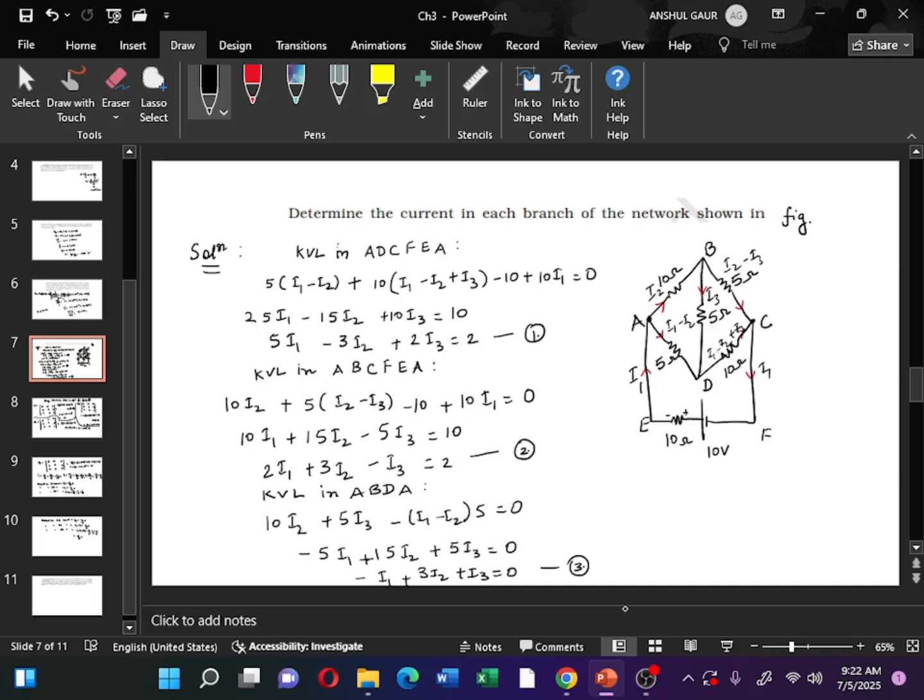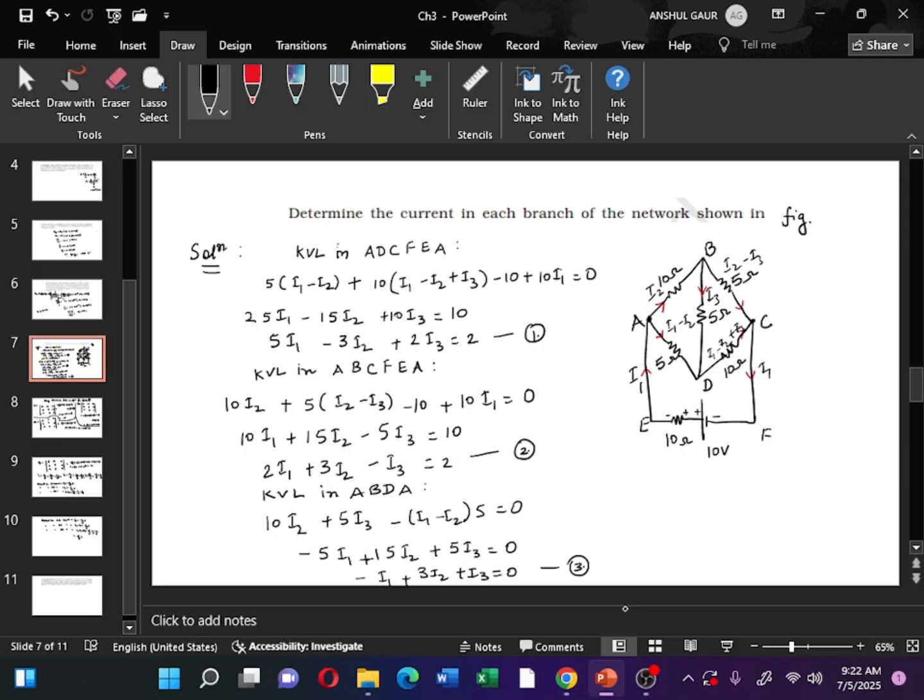Then the current is entering at the negative end of the battery, so we put minus 10 here. Then the current is entering in this 10 ohm resistor, which is I1, so it is 10 I1. And the whole loop is completed, so this is equal to 0. After simplifying in terms of I1, I2, I3, this comes out to be 5 I1 minus 3 I2 plus 2 I3 equal to 2. This is equation number 1.